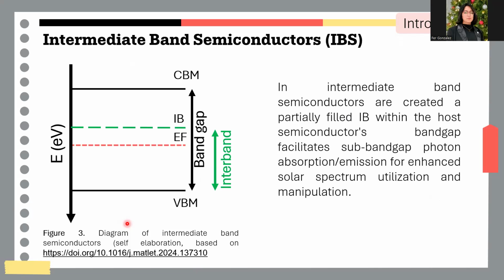In intermediate band semiconductors, sub-band gap energy photons are absorbed through transitions from the valence band to the intermediate band, and from the intermediate band to the conduction band, which together add up to the current of conventional photons absorbed through the valence band to conduction band transition.